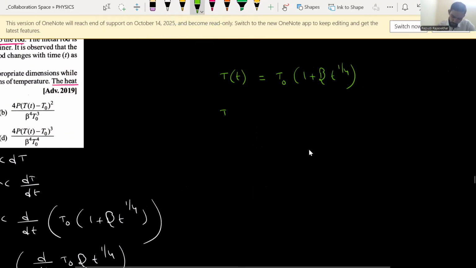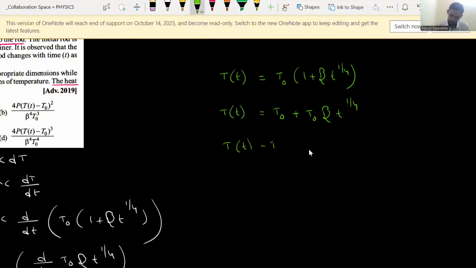Now try to rearrange this. T equals T naught plus T naught beta t power 1 by 4. Bring this to the left side. So T of t minus T naught, whole divided by T naught into beta, its value becomes t power 1 by 4.